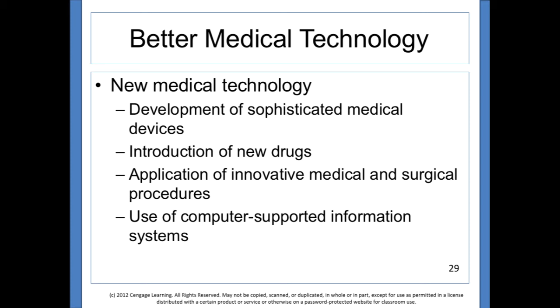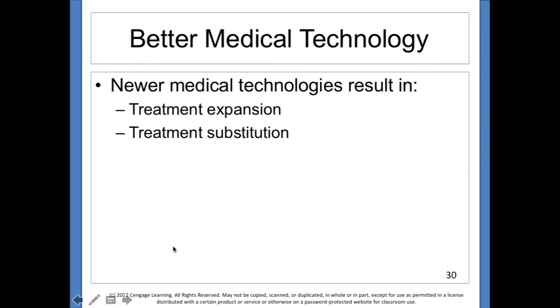For example, if we have a new medical technology, with the introduction of new drugs or innovative medical and surgical procedures, or the use of computer supported information systems, these are going to shift our production up. With each unit of input we can produce more. So the new medical technology results in treatment expansion and treatment substitution.